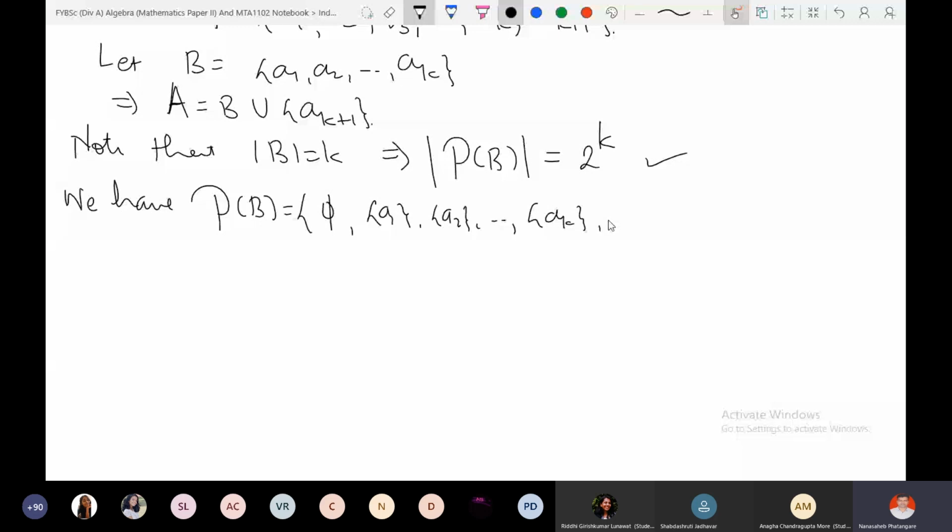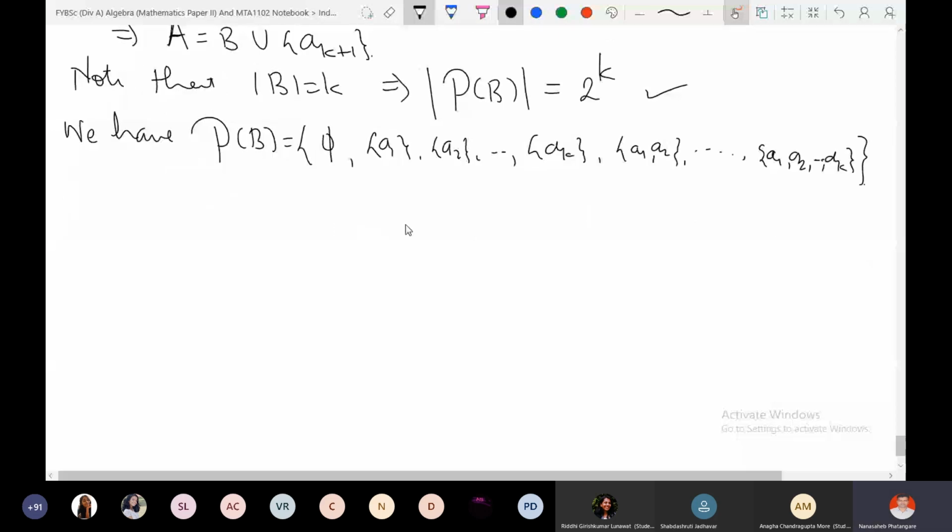Then I will look at two element sets, so A1, A2, and so on, A2, A3, then A1, A3, all possible two element sets, and then I will look at 3 element sets and 4 element sets, and at the end I will have the K element set A1, A2, ..., AK. So these are all subsets of B, the power set of B. So the power set of B has 2 raised to K elements. That we are sure of by the induction hypothesis, because the cardinality of B is K.